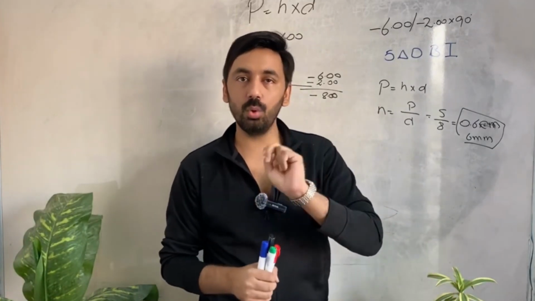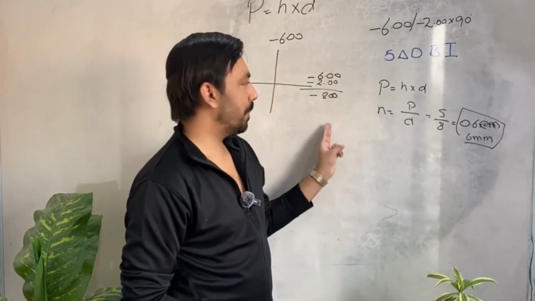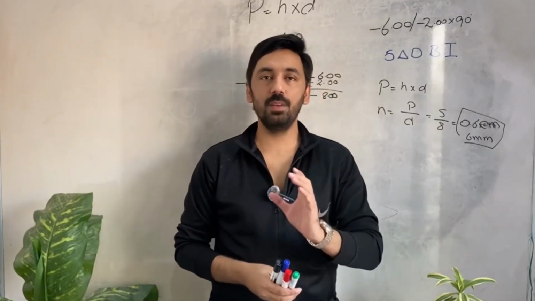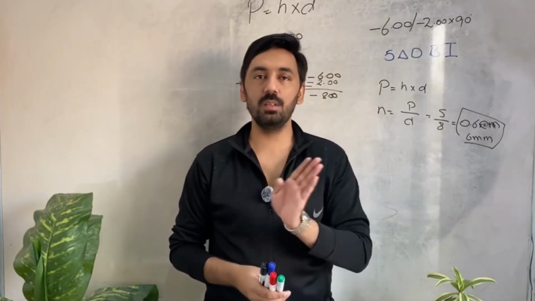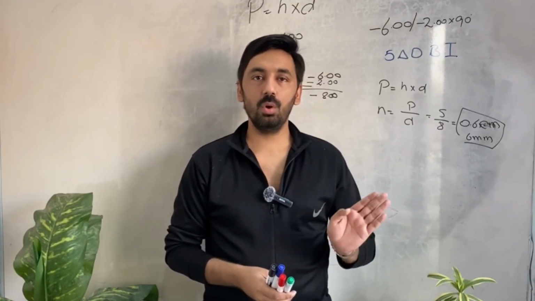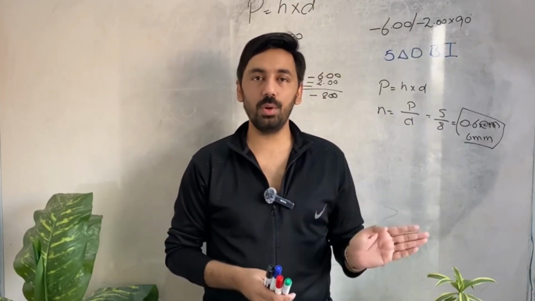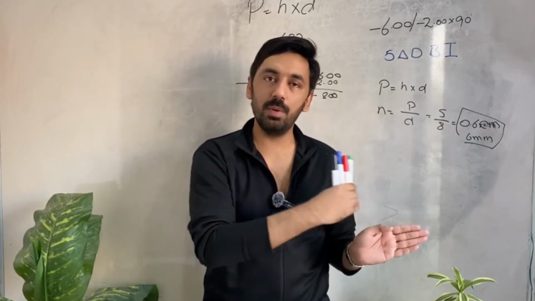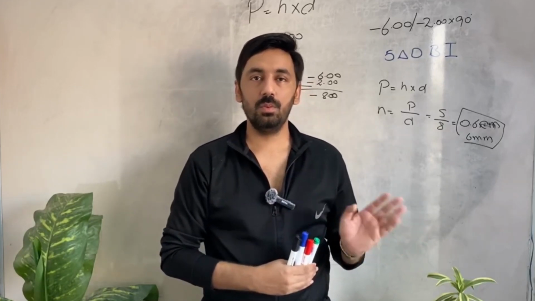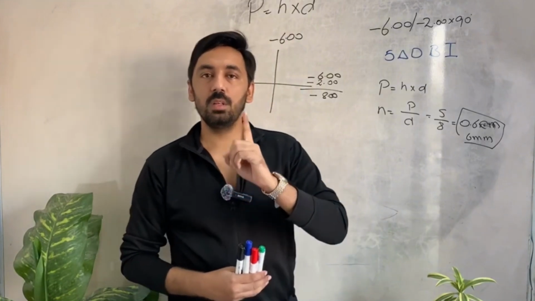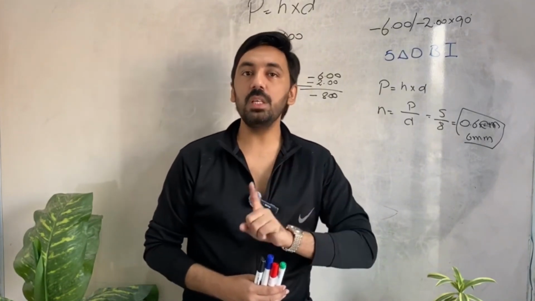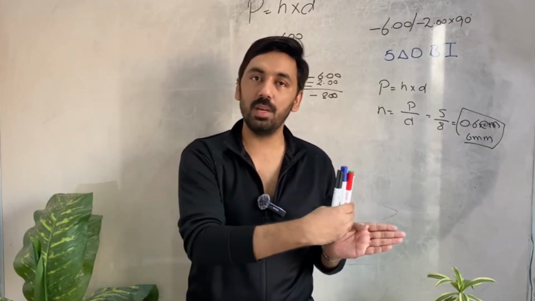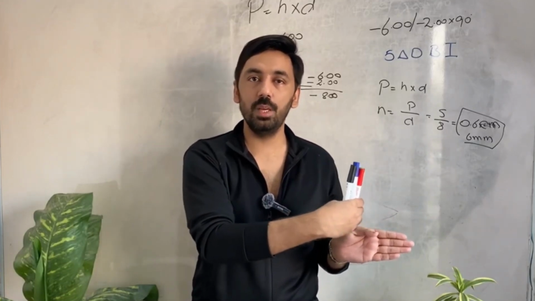That is number one. Number two concept: if the squint is of in, or you got esotropia or esophoria, you have to move the minus spherical lens in the same direction. If you got the deviation ESO, you will decenter your minus spherical lens in the same direction, inward.